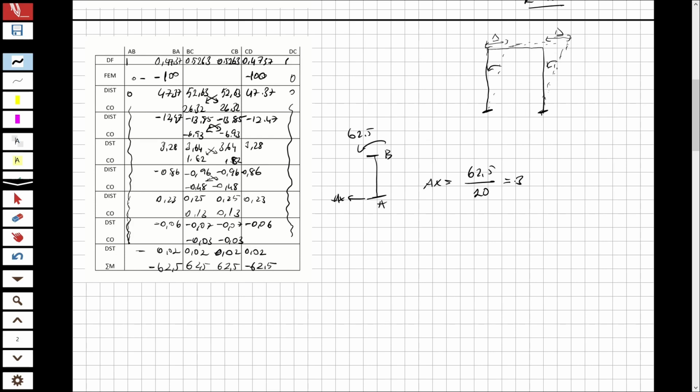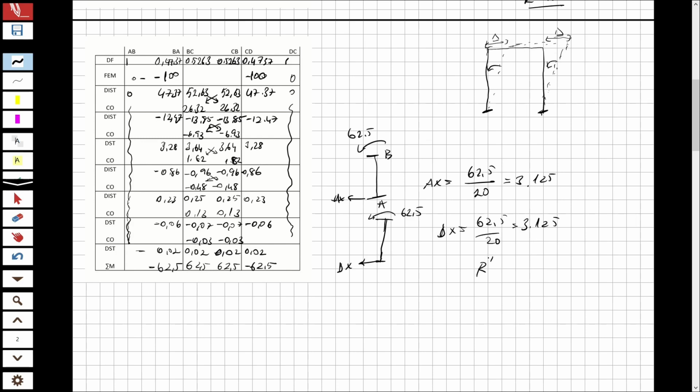This is 3.125. And let's do it for the DX. This is DX, and I have a moment CD at this direction, 62.5. Okay, so DX is also equal to 62.5 over 20 is equal to 3.125.